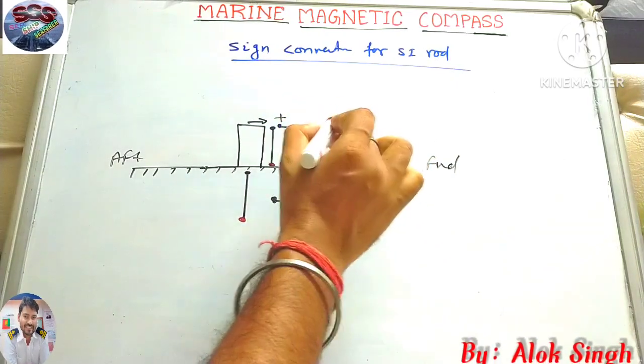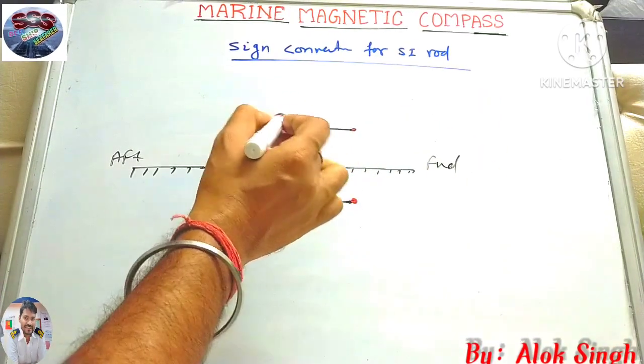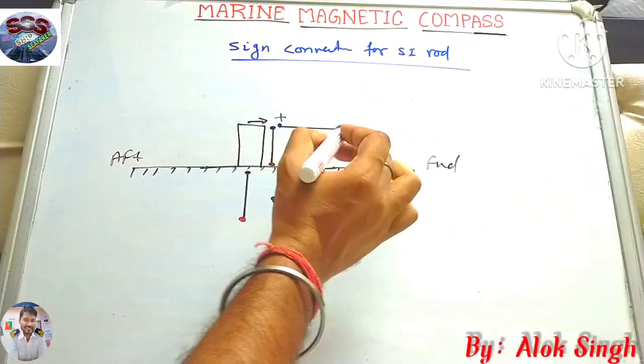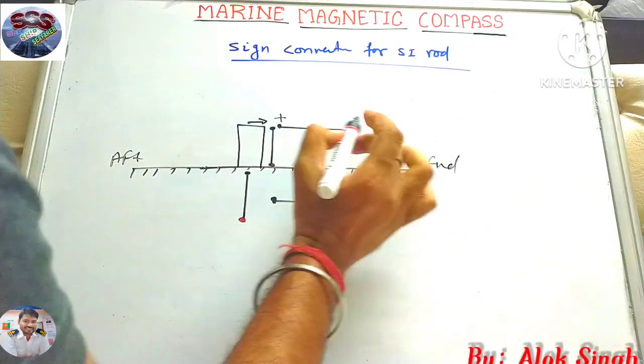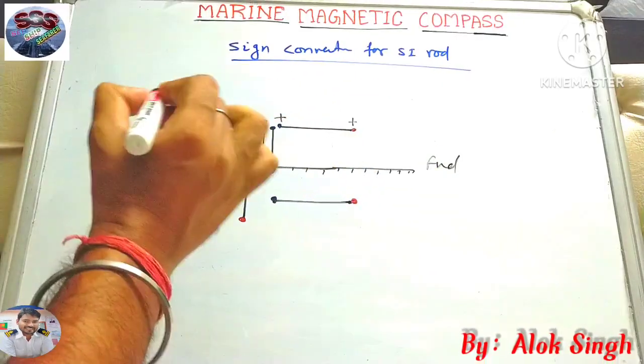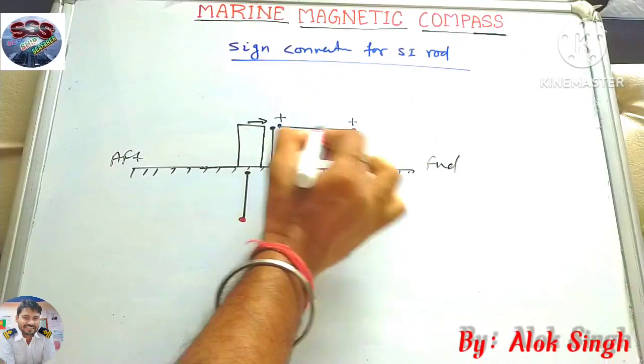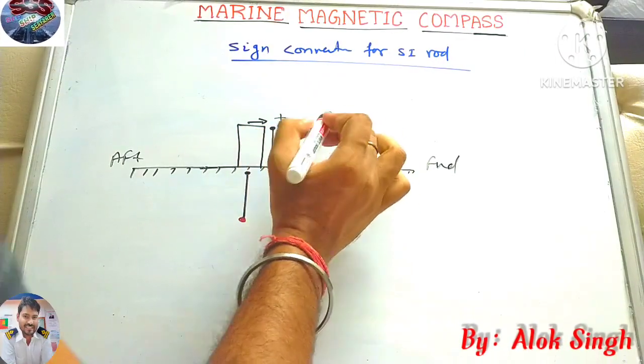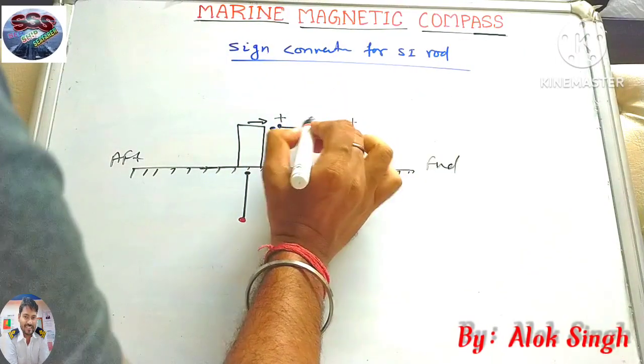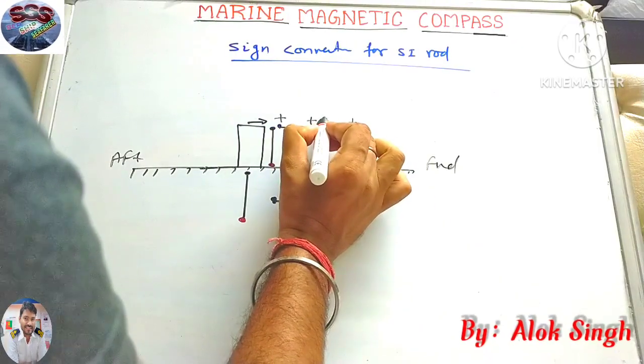The further pole is further forward of this effective pole, so this one also becomes positive. This rod is called rod A. Both are positive, so this rod will become plus A.